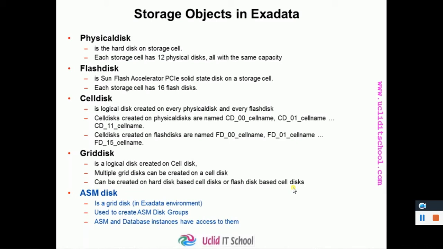Once you have physical hard disks and physical flash disks, there are some logical objects created on the physical objects. So there is some logical abstraction. In this logical layer, you will have 2 more objects called cell disk and grid disks.